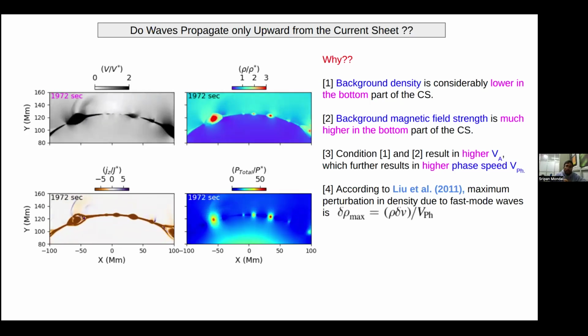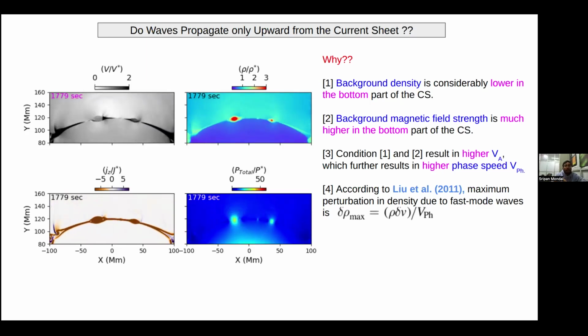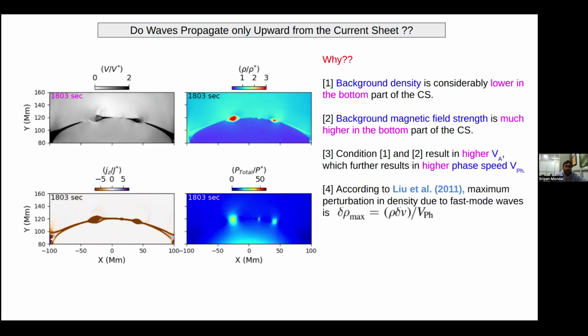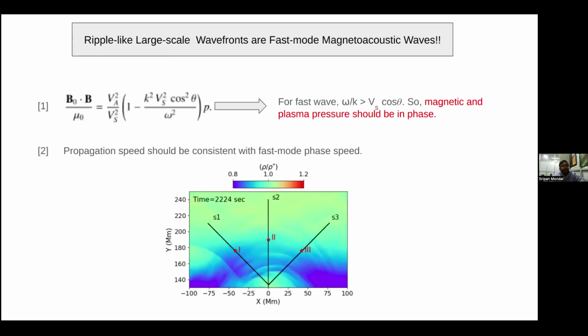So we focus only on the waves which are propagating upward from the current sheet for the rest of the analysis. Here, the first question is whether these ripple-like large scale wave fronts are fast mode magnetoacoustic waves in reality. To check that, we have two conditions.